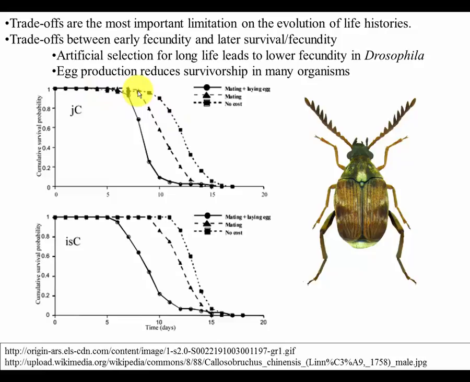Basically, this curve is the percentage of individuals that are left alive, and you can see that it stays high longer if they don't breed. If they're allowed to breed but they don't lay eggs, they die a little bit sooner, and if they breed and then do lay eggs, they die a lot sooner. So again, we've got this trade-off between having offspring and surviving. You can't do both, and so evolution will choose one or the other.